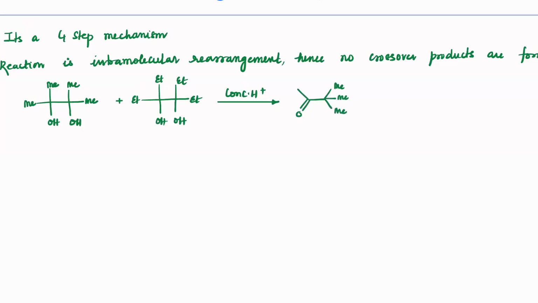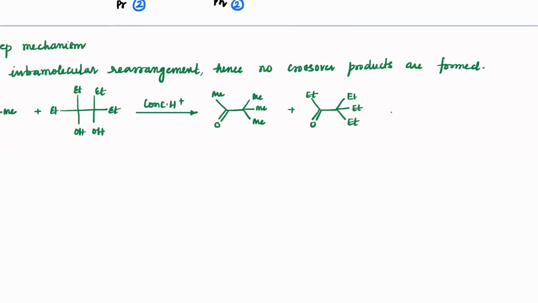This one plus the other product which you will get has ethyl groups on it: ethyl, ethyl, ethyl, double bond O and another ethyl. What is not formed is a double bond O with some kind of methyl, ethyl, and this methyl here.